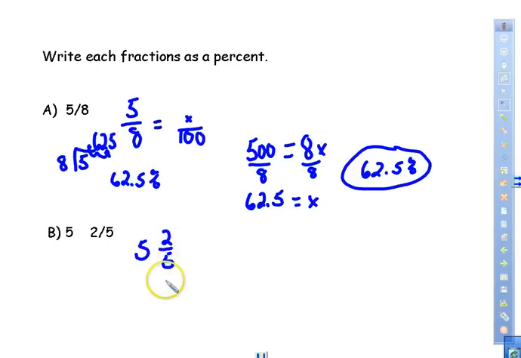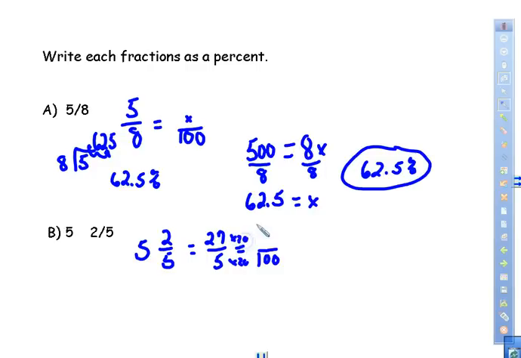Now, one way is by simply saying, all right, we're going to make this into an improper fraction. So 5 times 5 is 25, plus 2 more is 27 over 5. And we're going to make that equal to a number over 100. So now 5 times what gives me 100? Well, 5 times 20, since 5 and 100 are compatible.